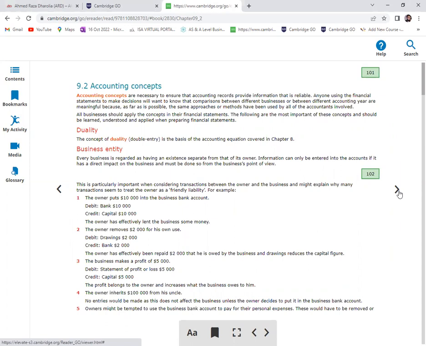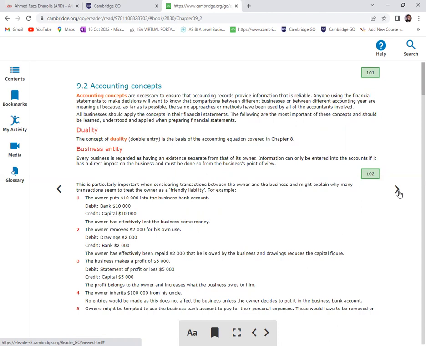Duality means double entry. As we all hear in our lives, Newton's law says that every action has an equal and opposite reaction.